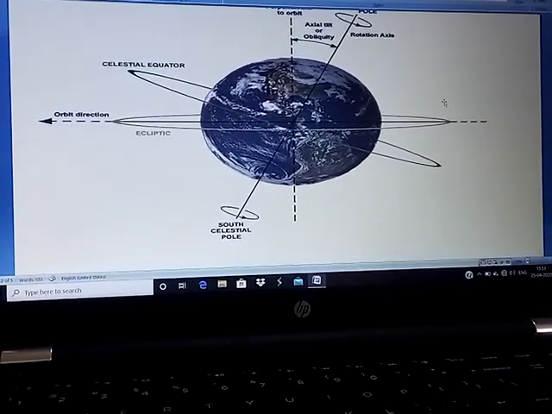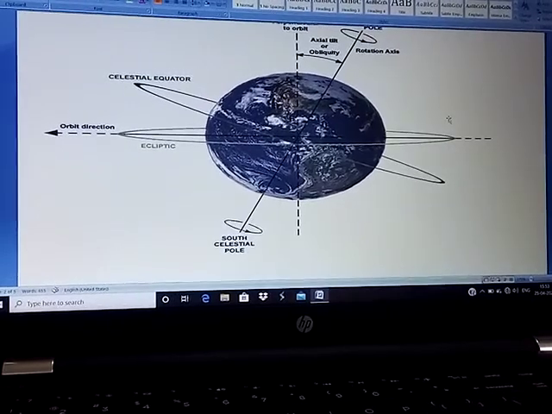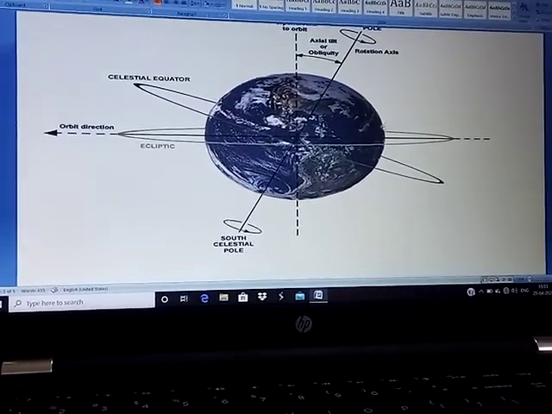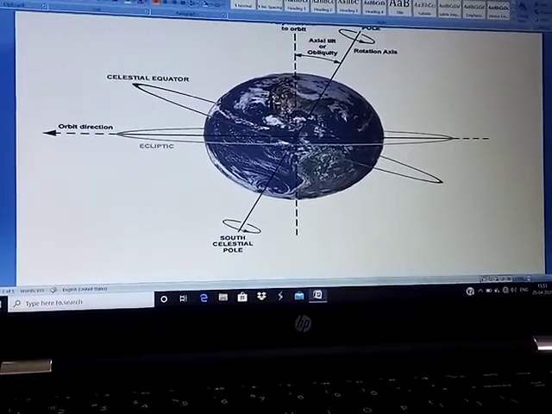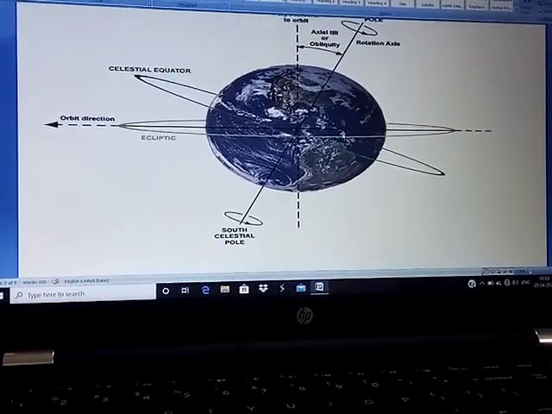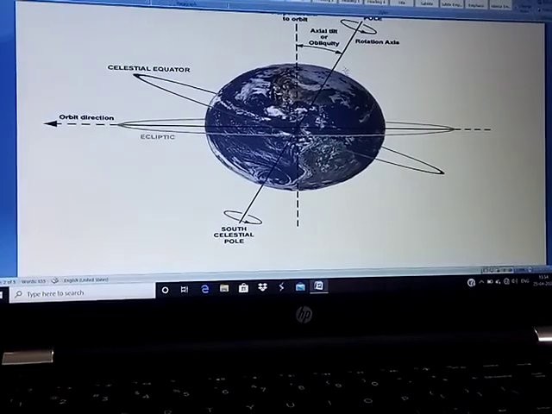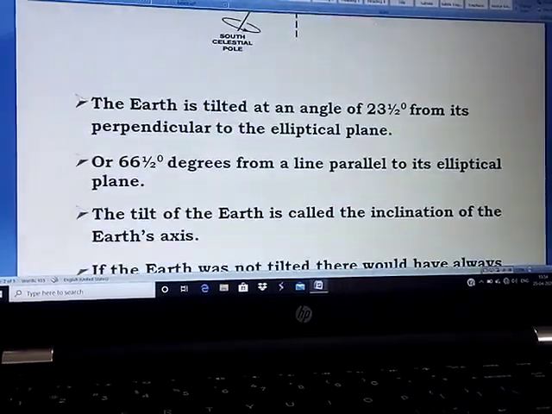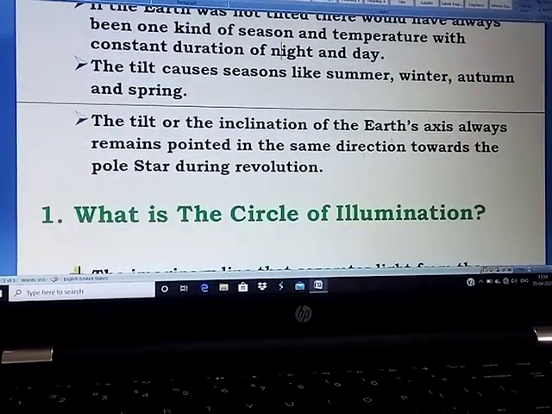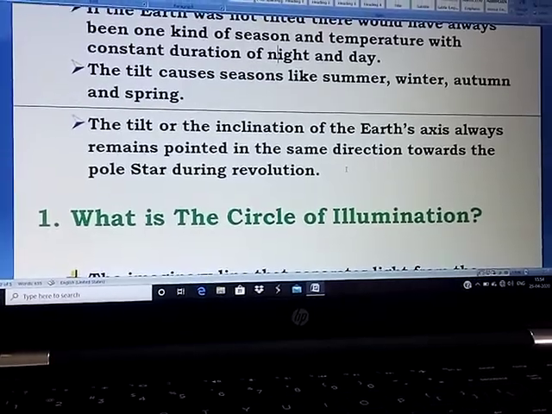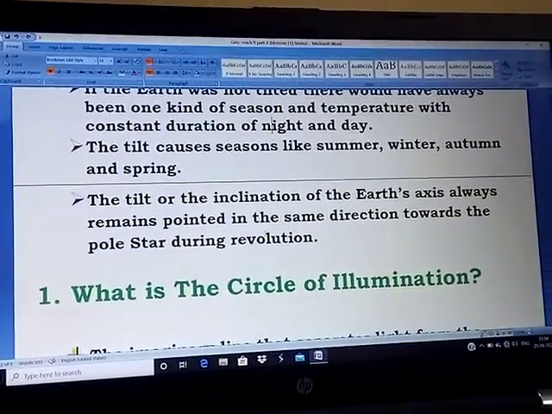When you study the seasons later, the position of the earth will be in different places around the sun, but all the time the tilt of the earth will always be pointing towards one direction, and that is towards the pole star.